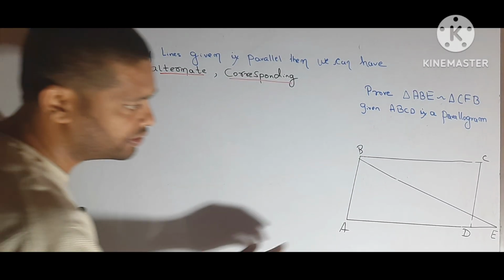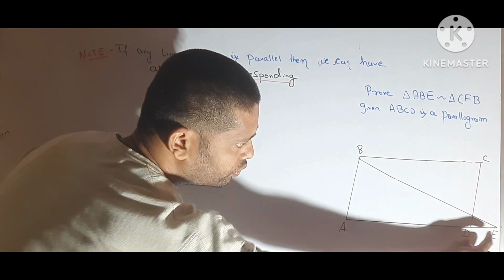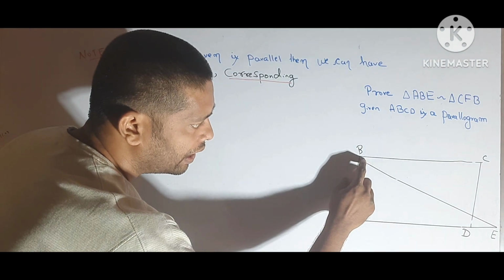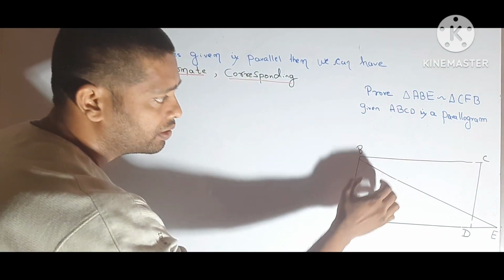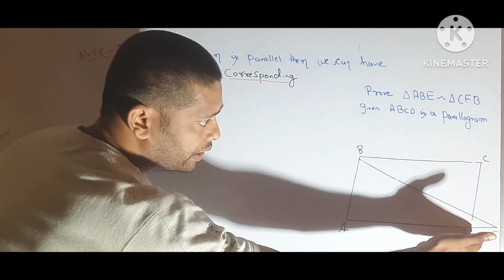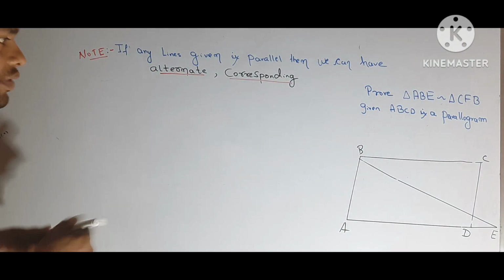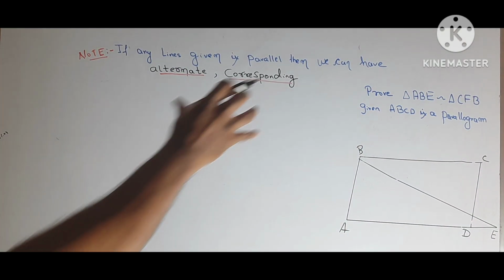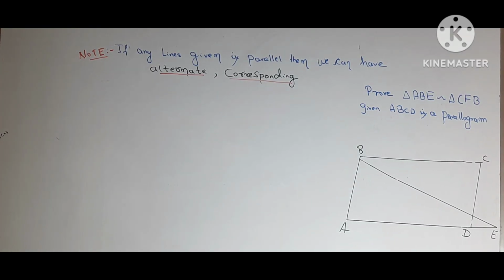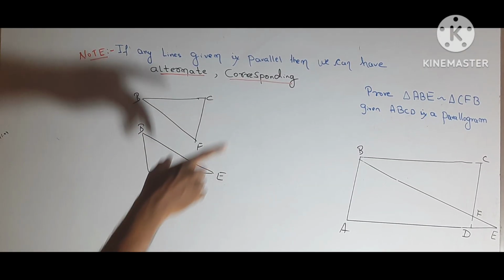So B equals D, but only half of B is lying in the diagram, and D is not lying in the triangle. Do one thing, I will extract the triangles. I will show you what I'm trying to say. These are the two triangles which I have extracted, which they are saying to prove.